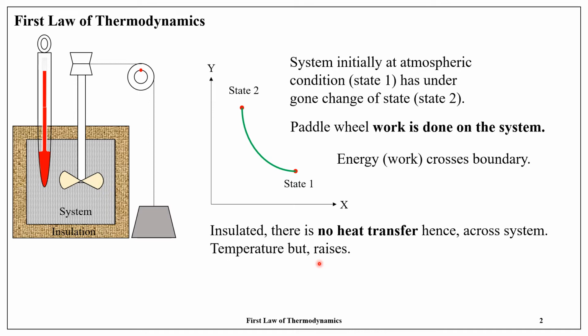The movement of the paddle wheel, that is the rotation of the paddle wheel, agitates the molecules present inside the system, and hence the randomness or disorderly movement of the molecules present in the system increases. So the disorderly movement may contribute to rotational kinetic energy, translational kinetic energy, vibrational energy in microscopic form.